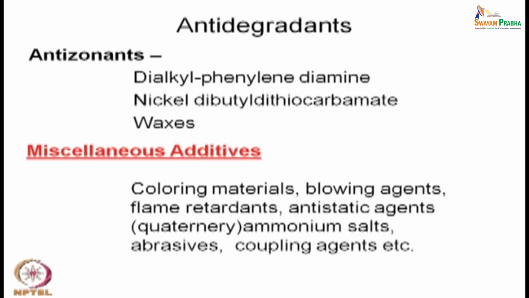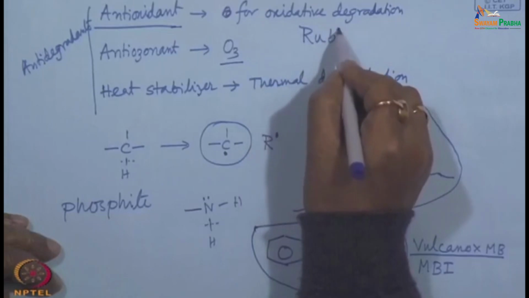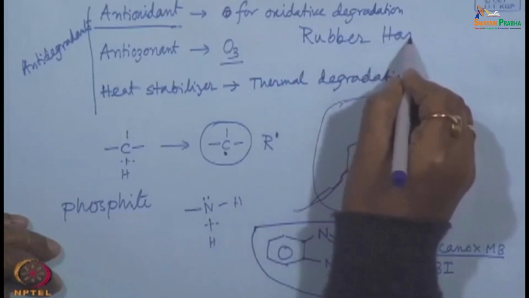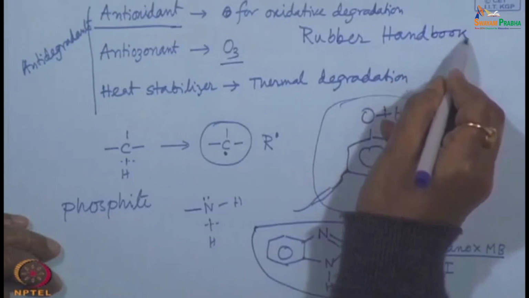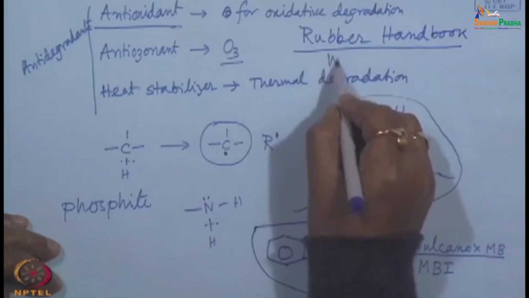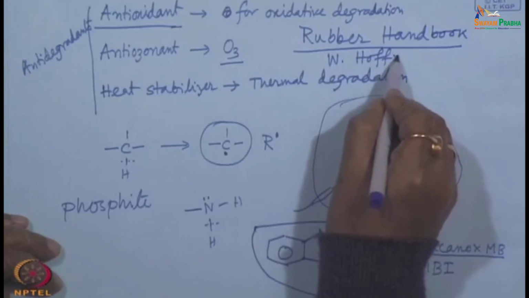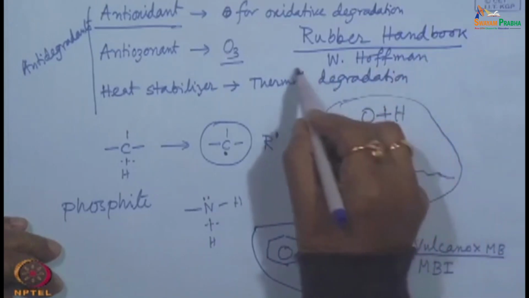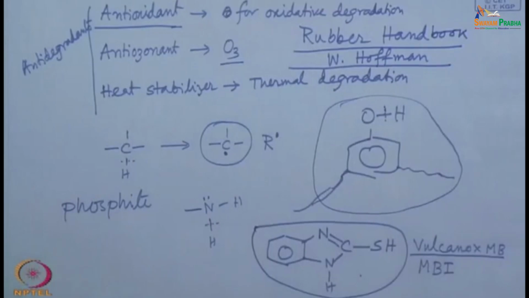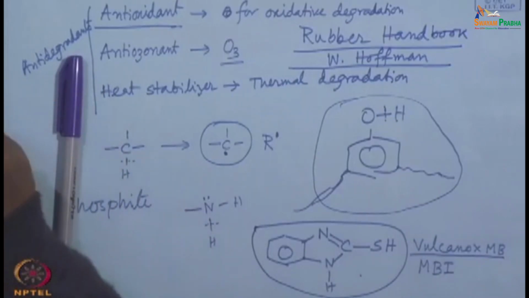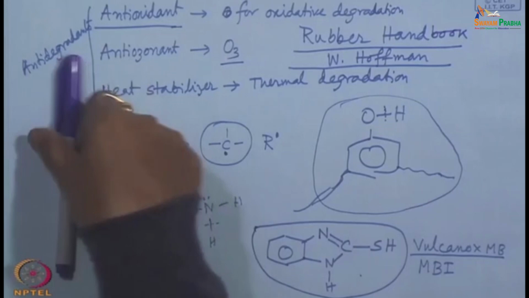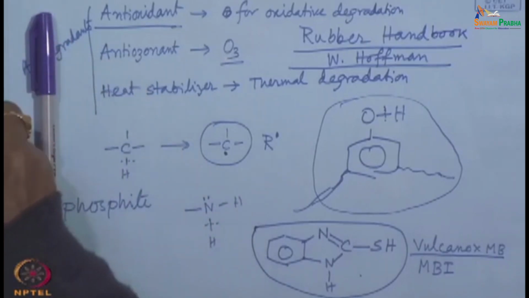If somebody wants to know details, he is referred to the Rubber Handbook by W. Hofmann, an excellent book on polymer and rubber additives. Additive chemistry is excellently and exhaustively described in this book.